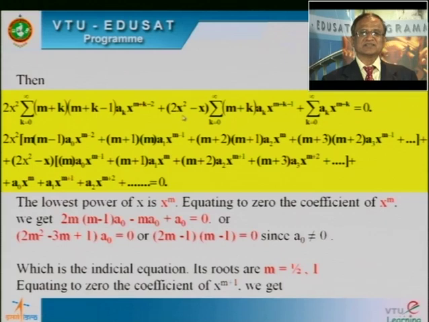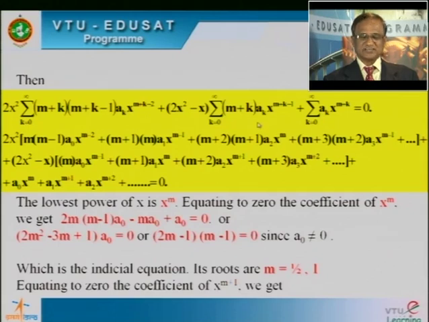Now in exactly the similar way, plus you want to write 2x square minus x as it is, into the summation of this term, where again you can replace k by 0. What will you get? m plus k means m plus 0, it can be written as m.